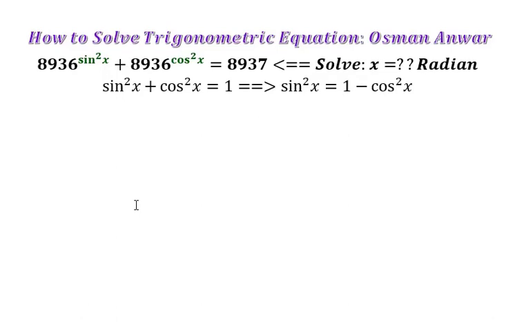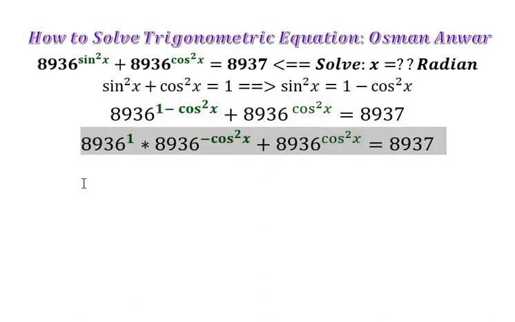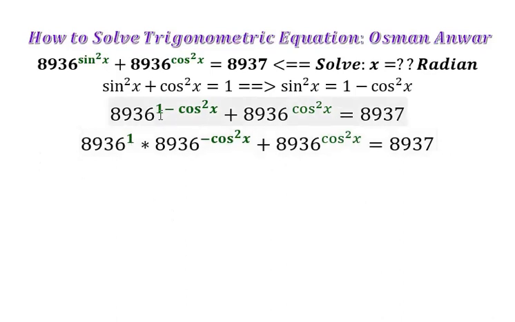Well, we know sine squared x plus cosine squared x is equal to 1. That means sine squared x is equal to 1 minus cosine squared x. So we can substitute sine squared x by 1 minus cosine squared x, giving 8936 to the power of 1 minus cosine squared x plus 8936 to the power of cosine squared x equals 8937.